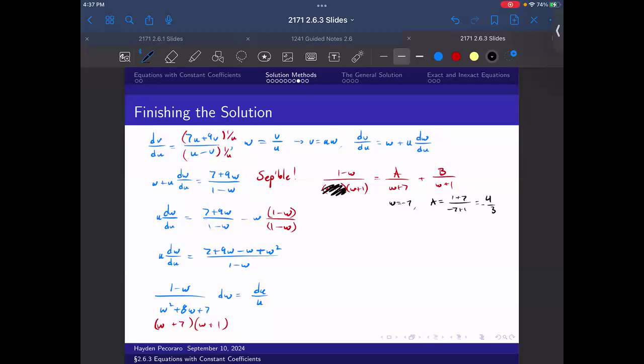And then w equals minus 1 is going to give us b equals 1 plus 1 over minus 1 plus 7, and this should be 1/3 positive.